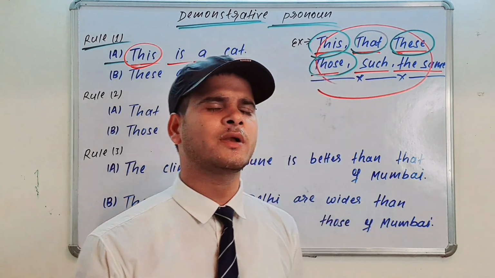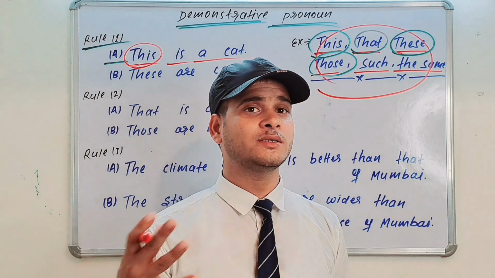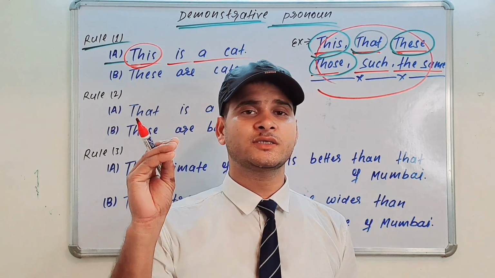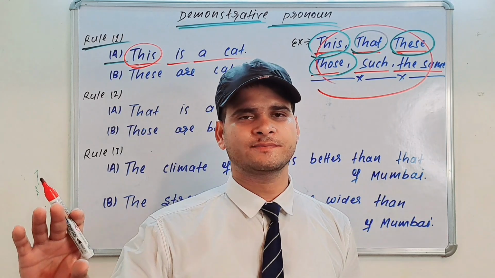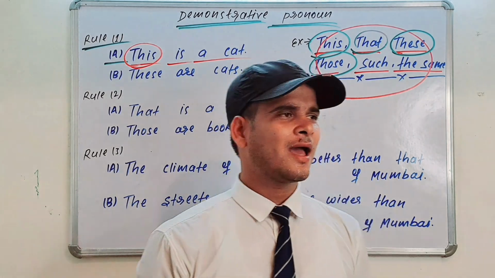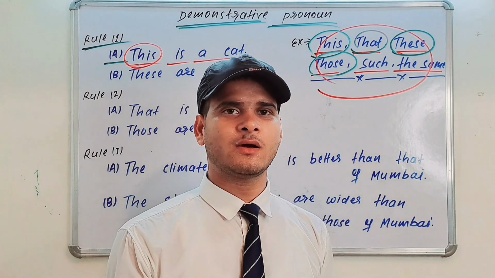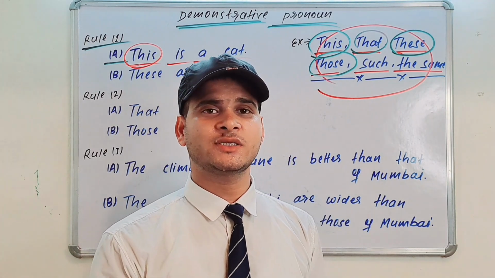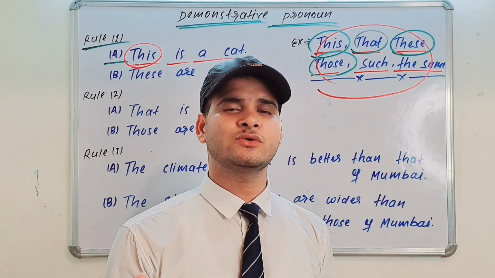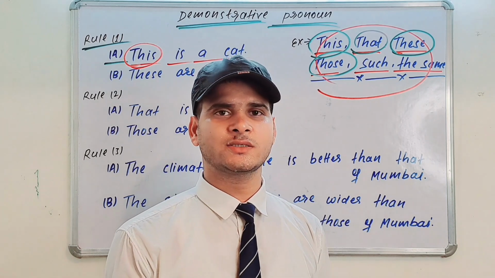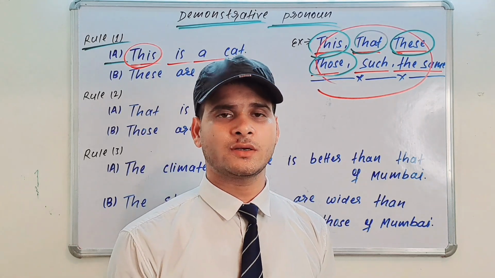You can point out and demonstrate the nearest singular noun by using this and that. No, don't say that. I'm not talking about that, but that is used to point out a distant singular noun, not the nearest singular noun. But this is used to demonstrate a singular and nearest singular noun.